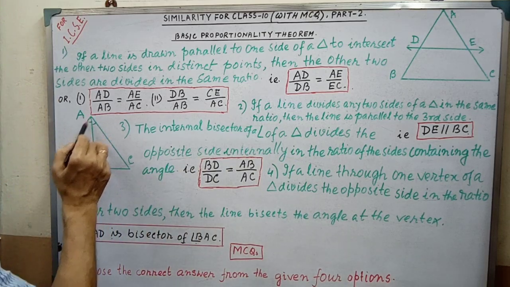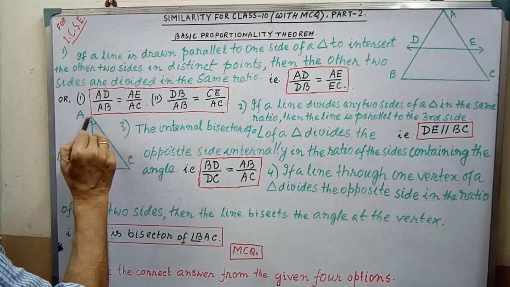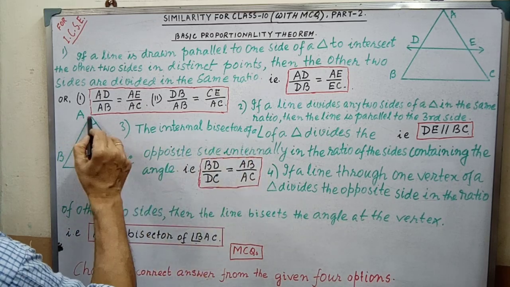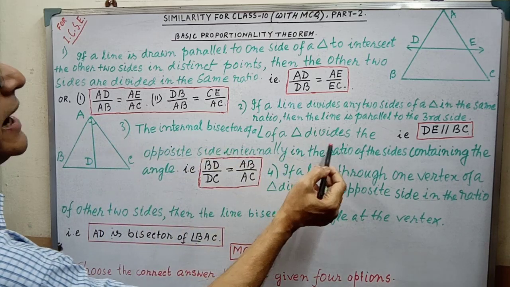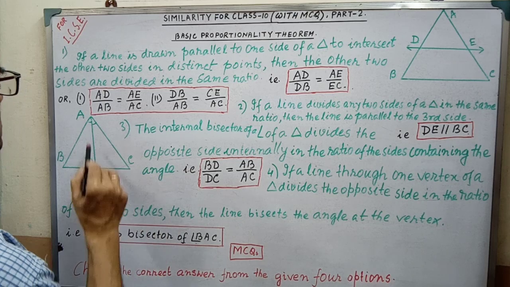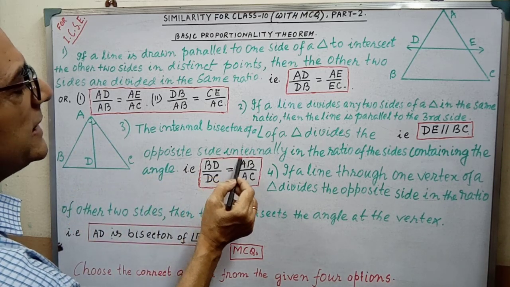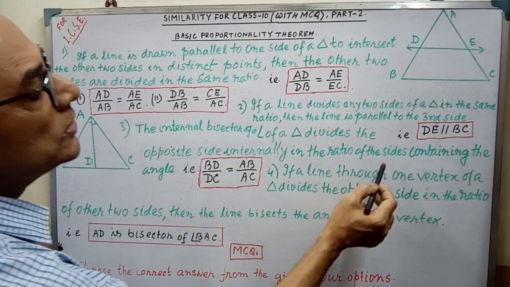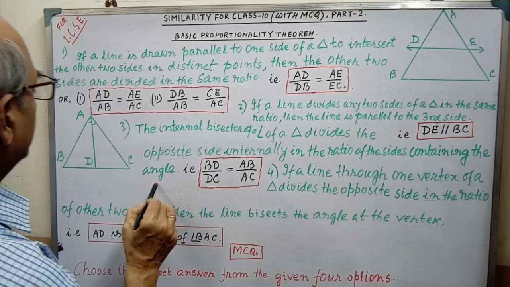Next, this is different, that is the internal bisector of an angle of a triangle. Internal bisector, this is the triangle and this is the angle, internal angle. This is the bisector. The internal bisector of an angle of a triangle divides the opposite sides internally in the ratio of the sides containing the angle.